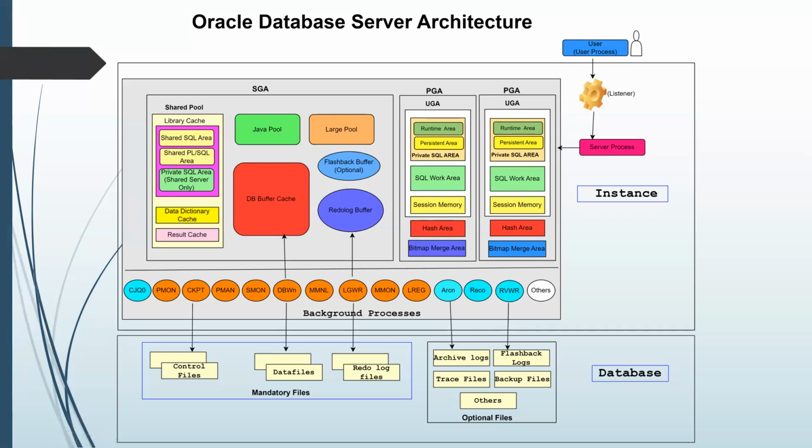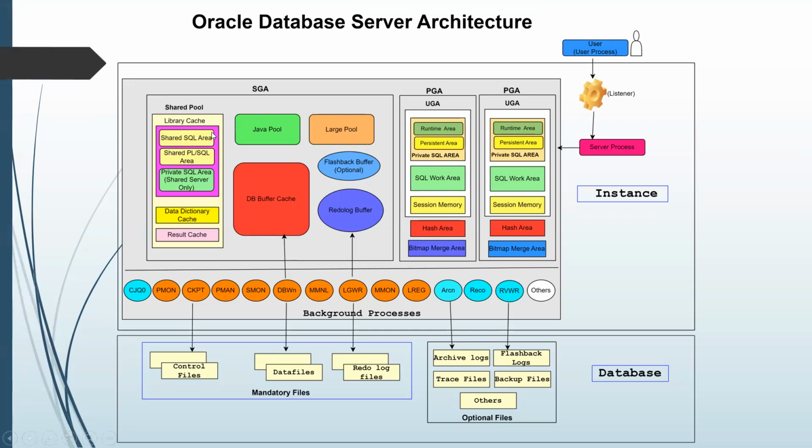Okay. So what Oracle does is Oracle makes use of something called a LRU algorithm, which is least recently used algorithm. Okay. So let's say that internally Oracle has allocated 2 GB of memory to the shared SQL area.